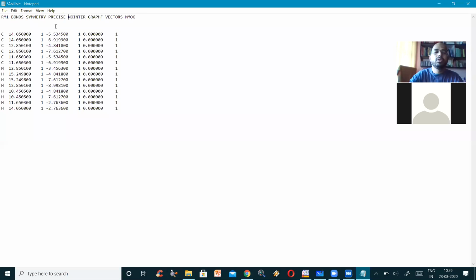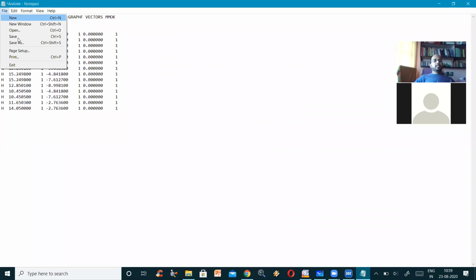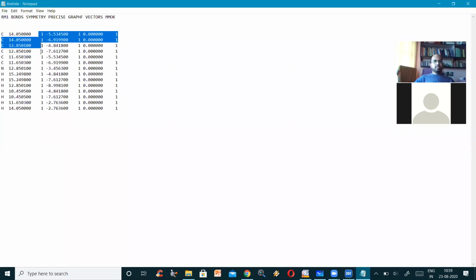Only when you have amide bonds, you have to take it. Okay, I'll again save it. These are all the coordinates, XYZ coordinates, and you can see that all this one means you have to optimize. If you change this to, say, 0, it will not be optimized. That means it will not be considered for optimization.